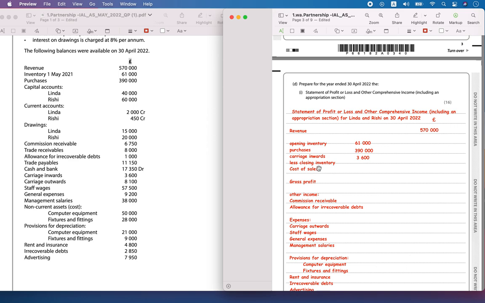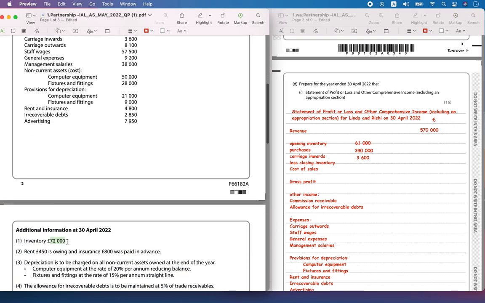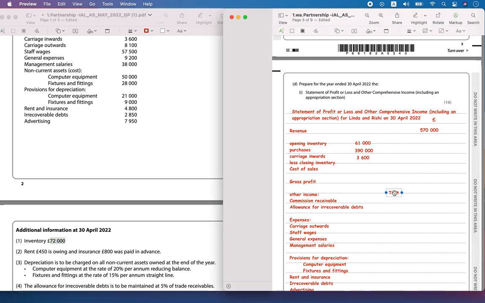Then we have to less the closing inventory. The closing inventory was 72,000.